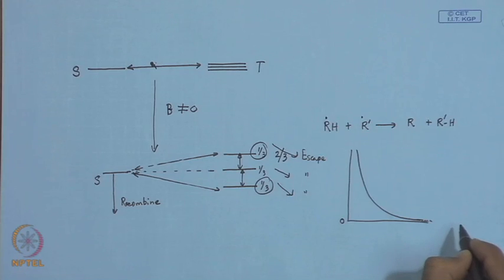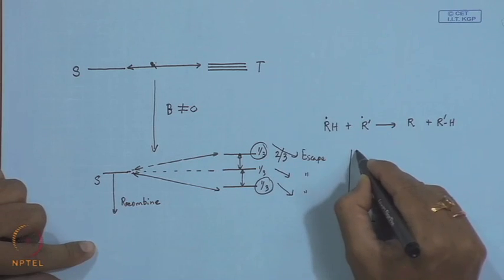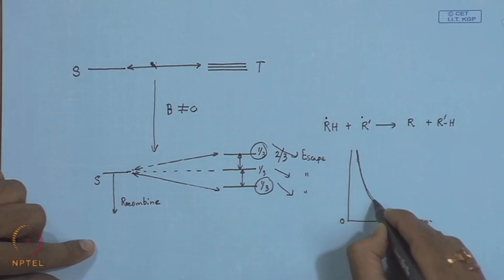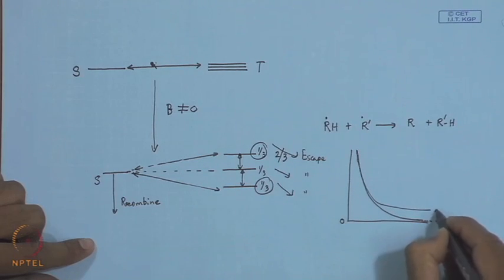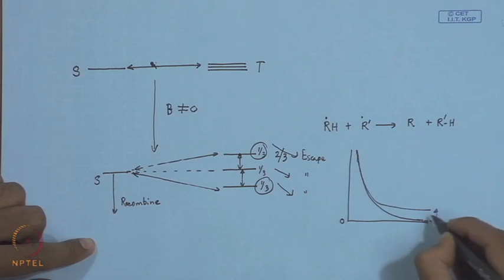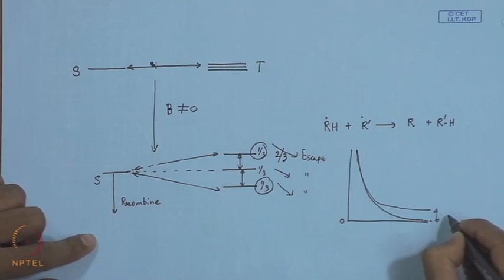But if there is a fraction that does not undergo full recombination, there may be some residual signal. This corresponds to your escape products.